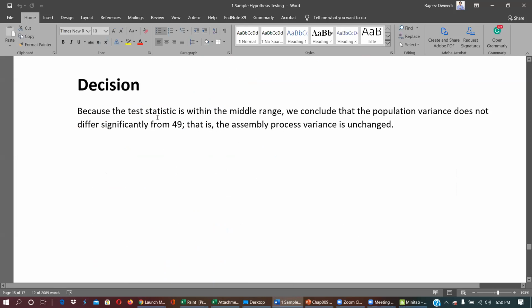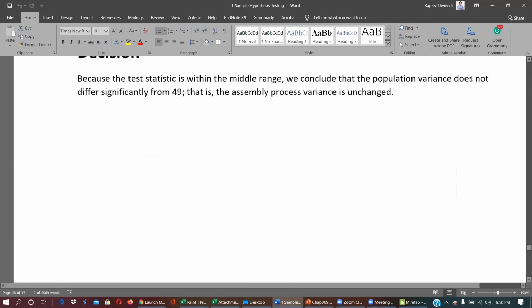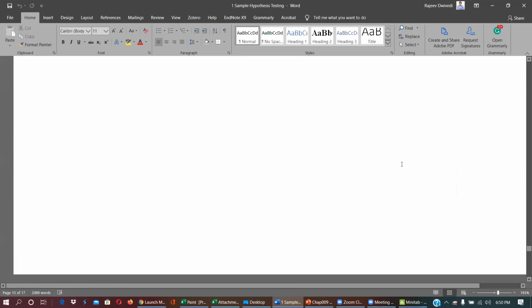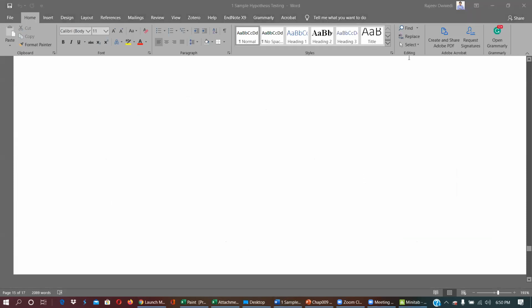So because the test statistic is within the middle range, we conclude that population variance does not differ significantly from 49. That is, the assembly process variation is unchanged. So this is about chapter number 9. Is this clear to everyone?